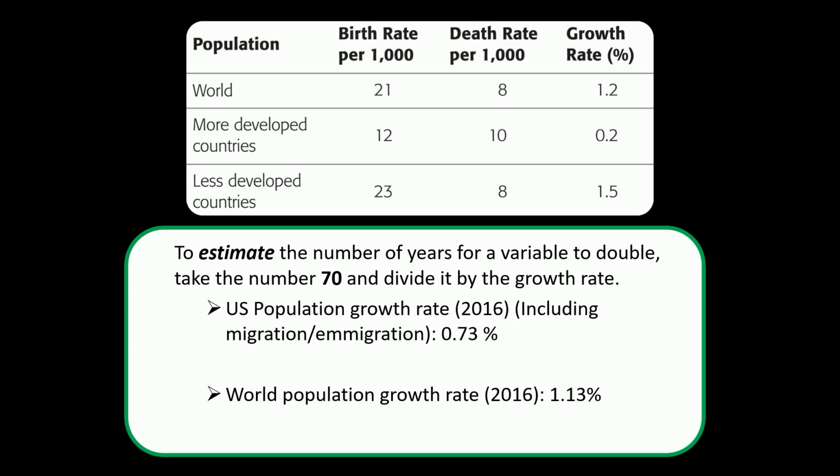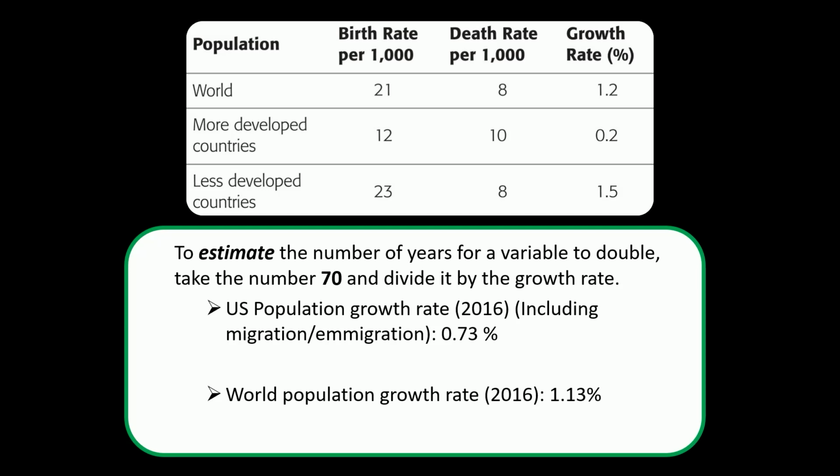In more developed countries, though, if we're only getting 12 births for every 10 deaths, well, then it makes sense that our population would be growing, but much slower. And in less developed countries, if we're having 23 births for every 8 deaths per 1,000 people, then it makes sense that not only would the population be growing, but much faster than the global average.